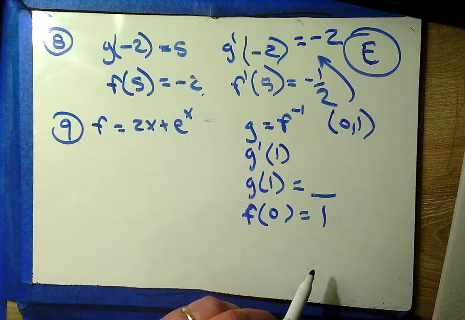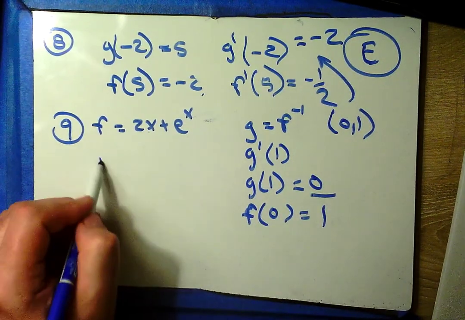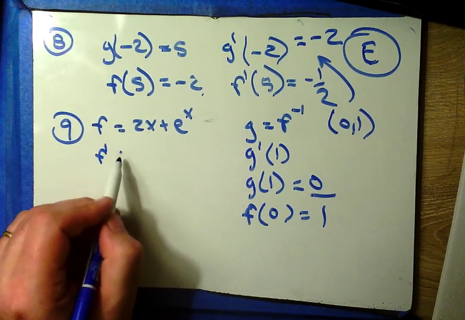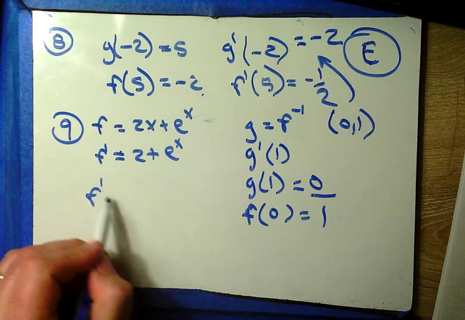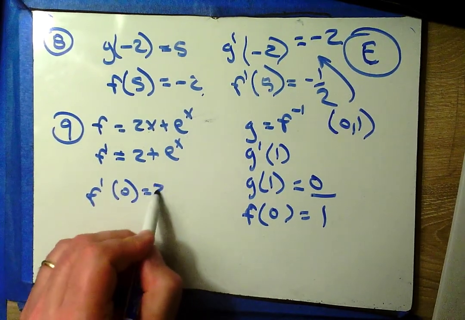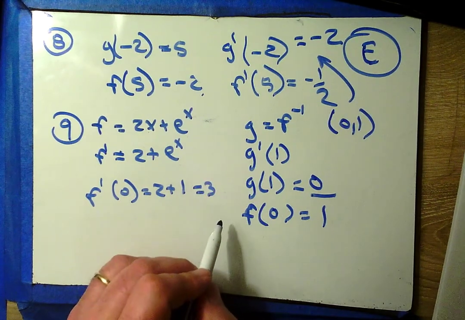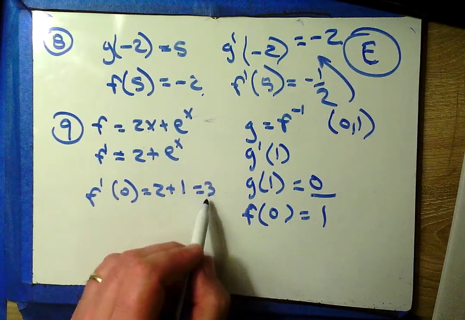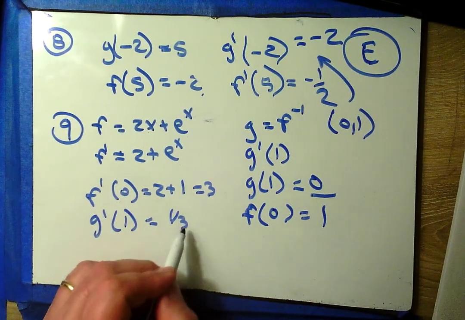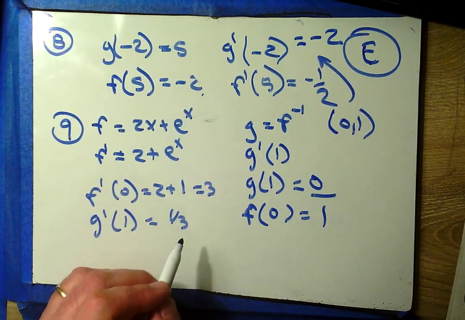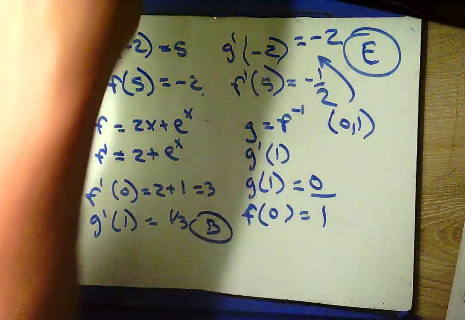That means I want to find f prime. That's 2 plus e to the x, and I want f prime of 0, which is 2 plus 1 or 3. So if f prime of 0 is 3, g prime of 1 must be 1/3. G prime of 1 must be 1/3, and that's choice B. B for number 9.